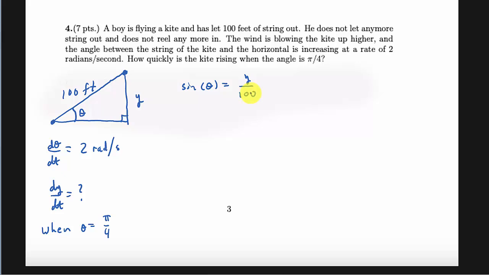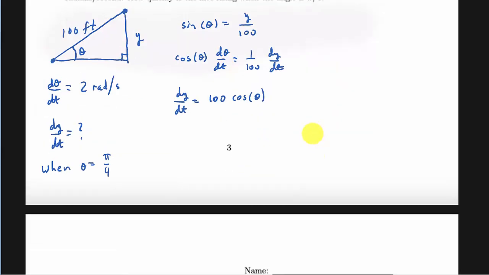And so if we differentiate with respect to t, we've got cosine theta d theta dt is equal to 1 over 100 times dy dt. And we solve for dy dt, so we're going to multiply through by 100. So dy dt is equal to 100 times cosine theta.